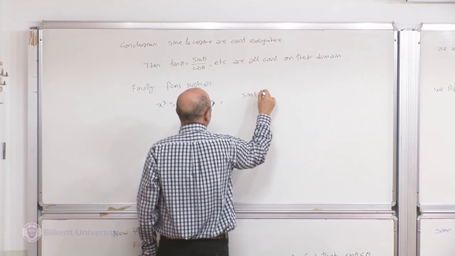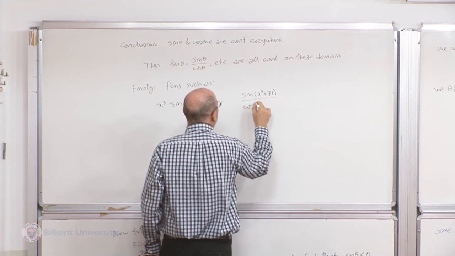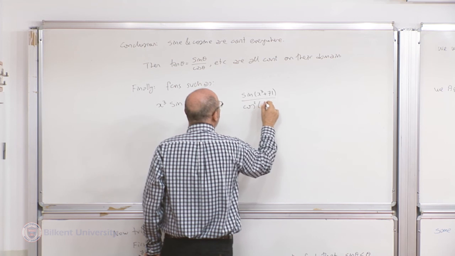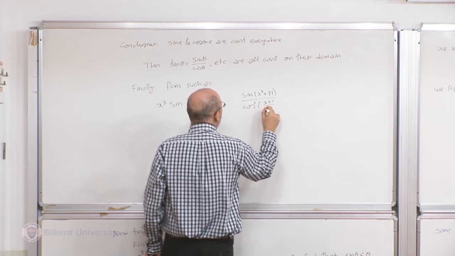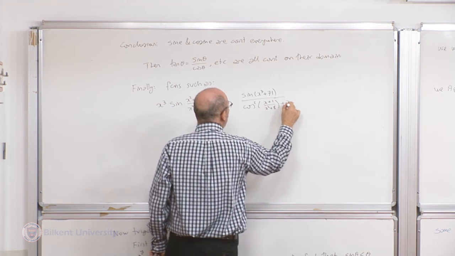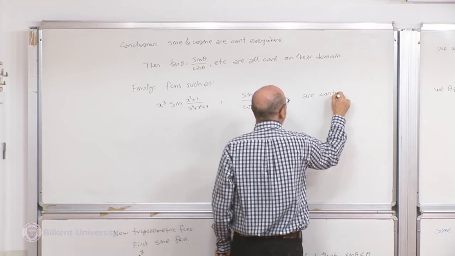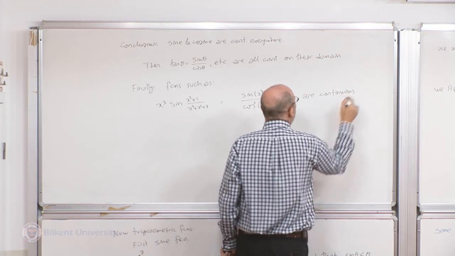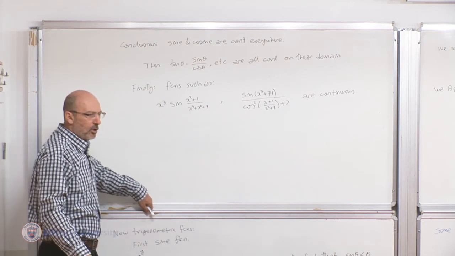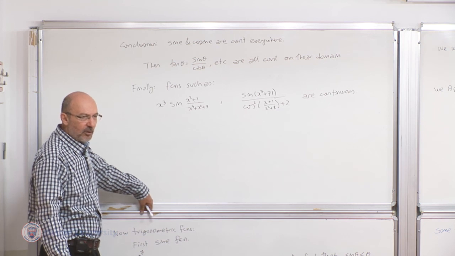Sine x cubed plus 71 divided by cosine square x plus 1 over x squared plus 8 plus 2 are continuous. When we say continuous, that means they are continuous everywhere if there is no zero division.